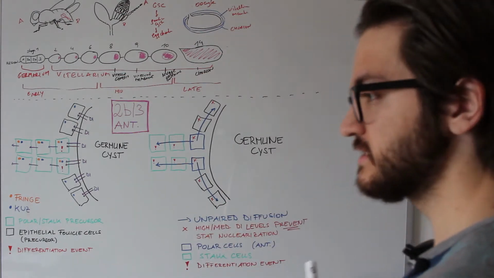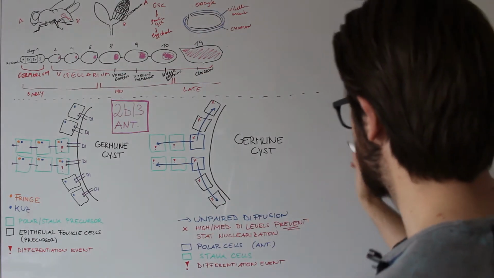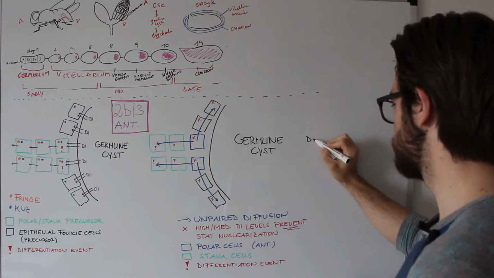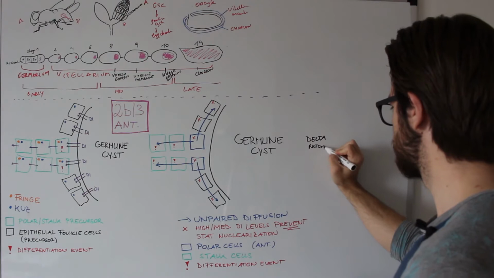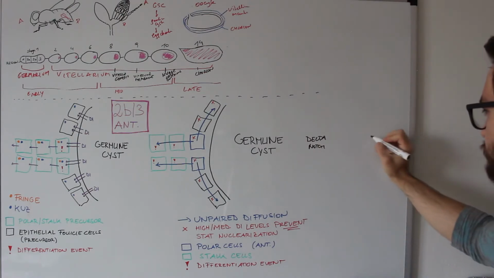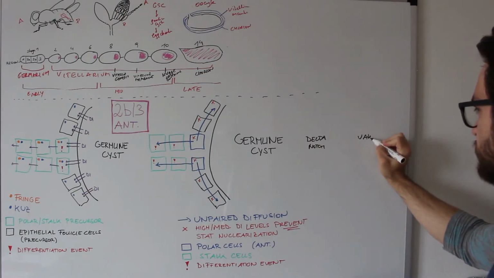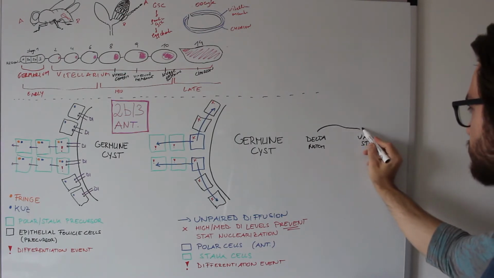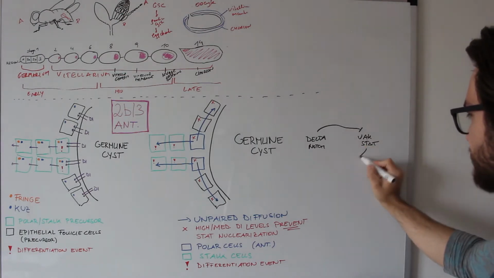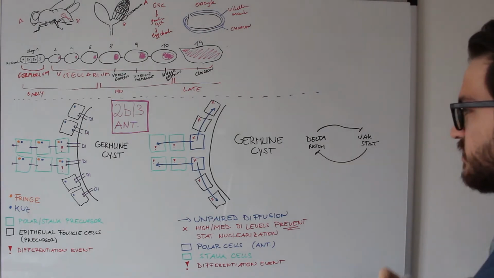And the reason why that is because you have here, let's say, delta notch, and then you have JAK-STAT. And delta notch in fact inhibits JAK-STAT, and JAK-STAT inhibits delta notch signaling.